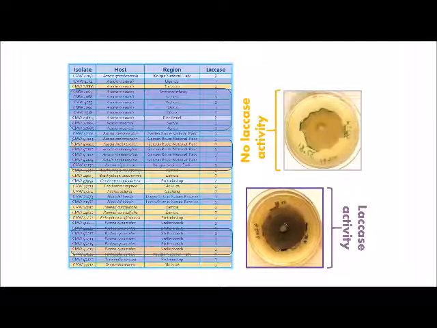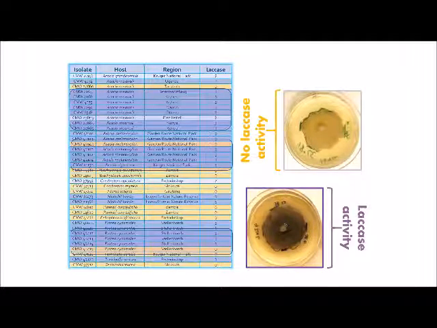The ones that turned purple indicate Laccase activity, and the ones that did not turn any color showed no Laccase activity. Interestingly, our results indicate that isolates from the non-native Acacia and the native Protea species show Laccase activity. So the results of this study indicate that Laccase may be involved in the pathogenicity of Ceratocystis albifundus. So we are on the right track.